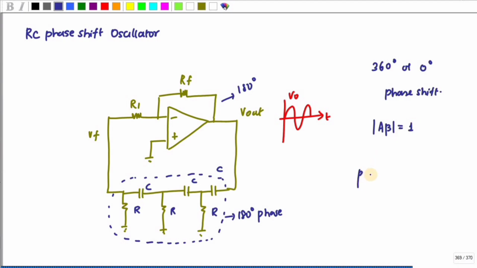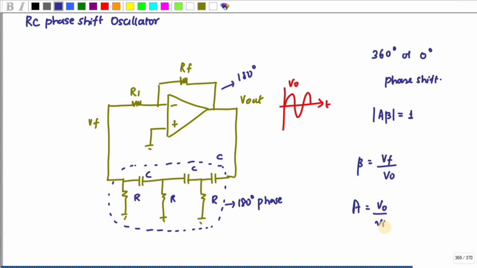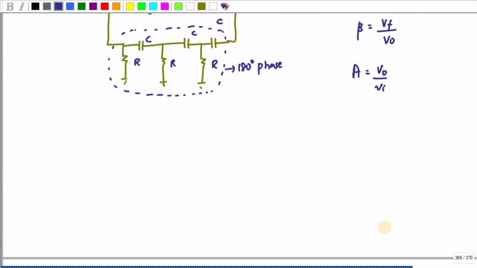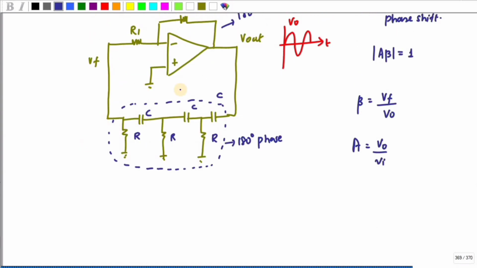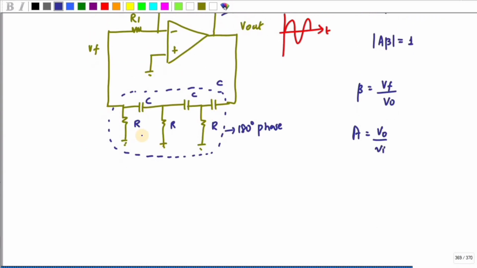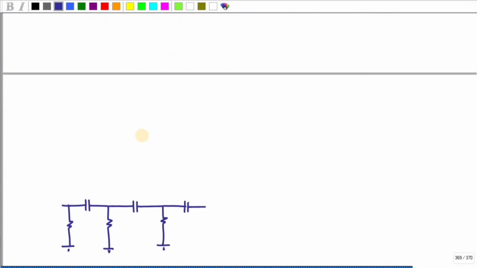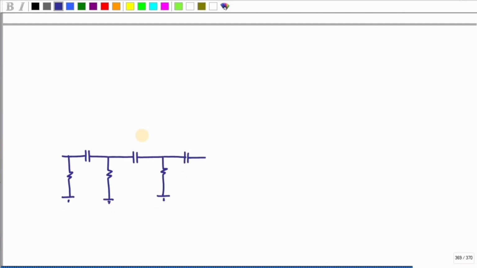Here beta is nothing but Vf divided by V naught, and A is equal to V naught divided by Va. This term I'm going to write here, since I need to find the value of V naught, so this is V out.